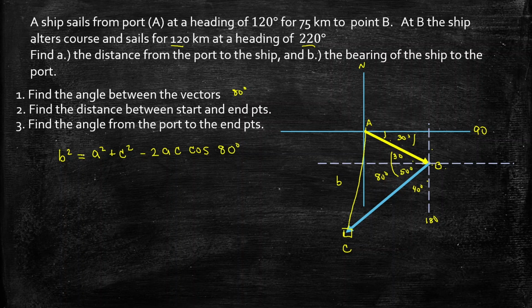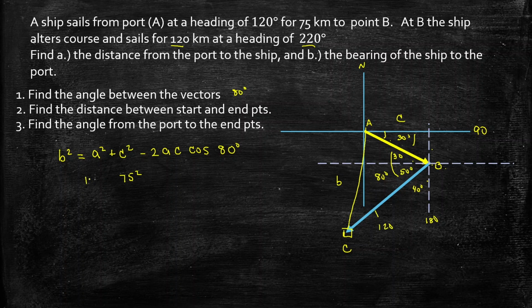Okay, so putting in my values, this side here is C, so C is 75. My A value is 120, this side right here is 120.